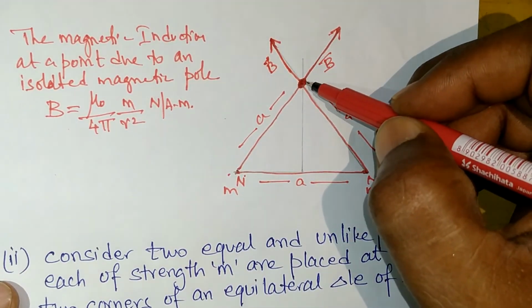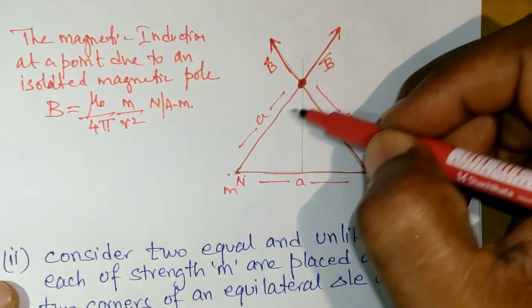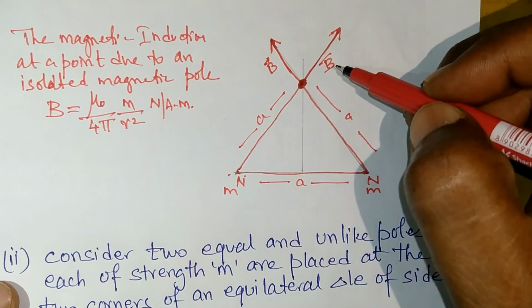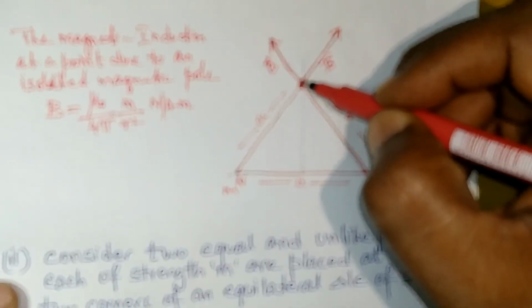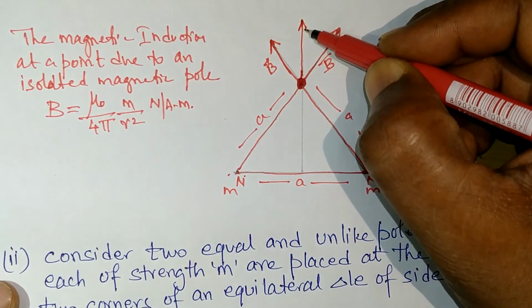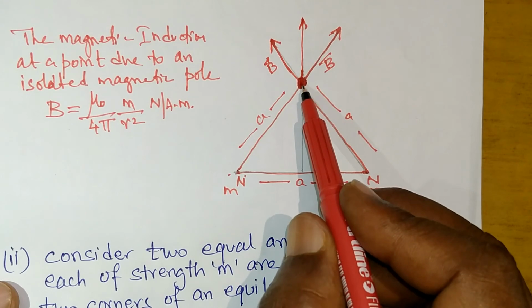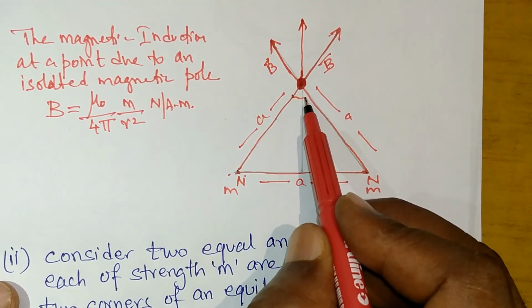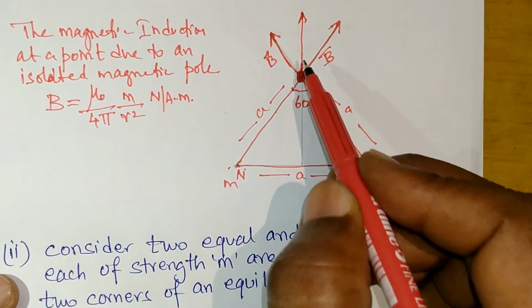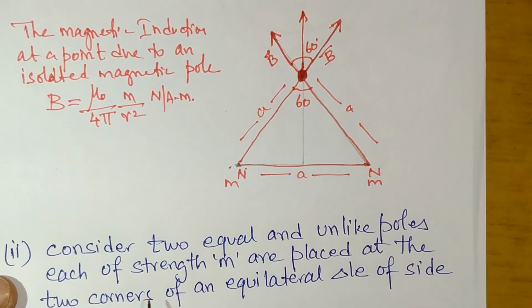Now to find the resultant magnetic induction due to these two magnetic poles at this point, these two are vectors, so the resultant will be here. Since this is an equilateral triangle, this angle is 60 degrees, so the angle between the vectors is also 60 degrees.